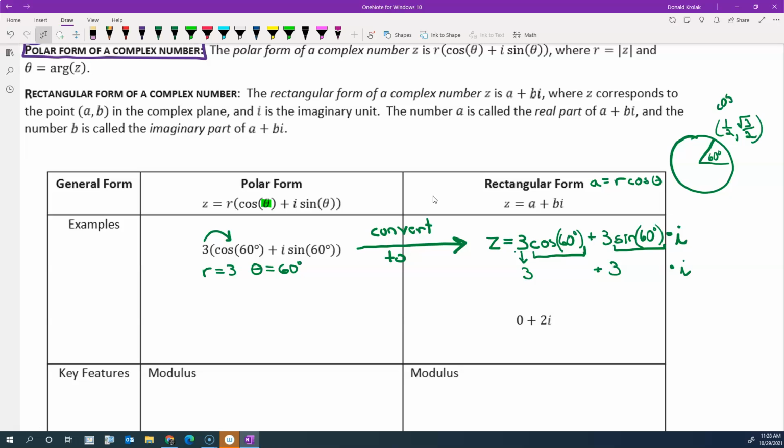Cosine, sine. So that becomes 1/2, and this becomes √3/2. So 3/2 plus 3√3/2 i, and there it is.